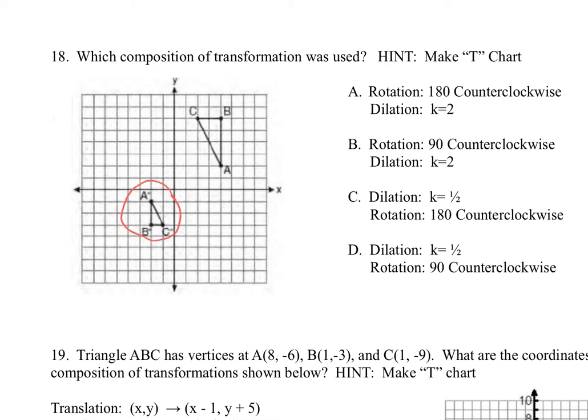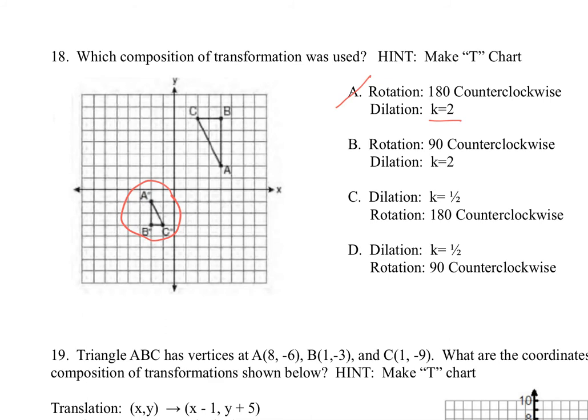Okay, so if you look, the one on the top right going to the one on the bottom left, it's getting smaller. So if you remember when we talked about dilations and scale factor, if your picture is getting smaller, then your scale factor should be between 0 and 1. So let's go through our answer choices and see which ones have that. Answer A, that dilation it mentions is 2. We just said that's not correct because we want it smaller.